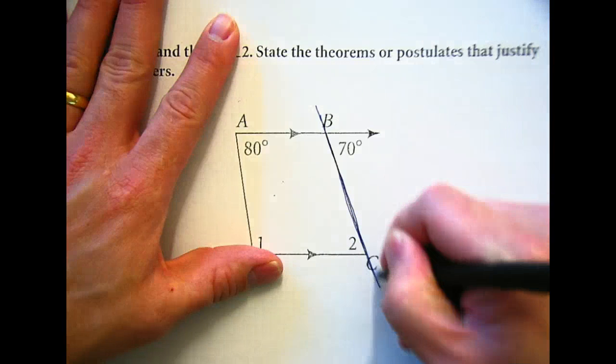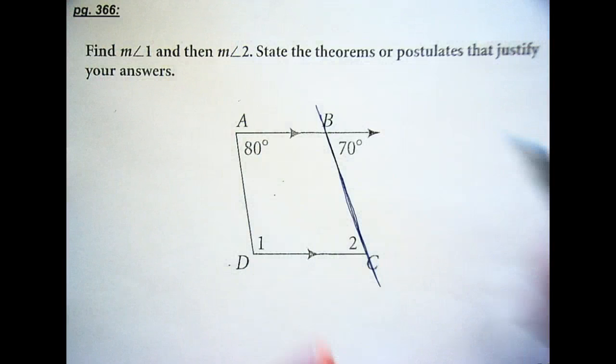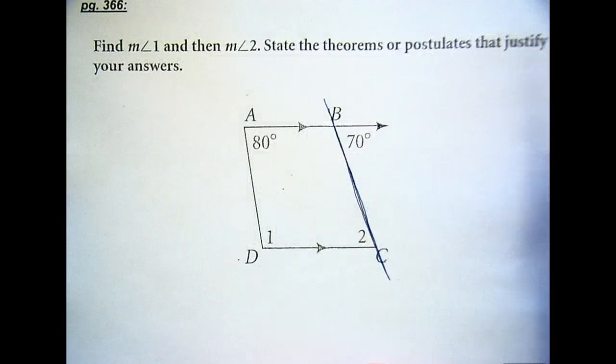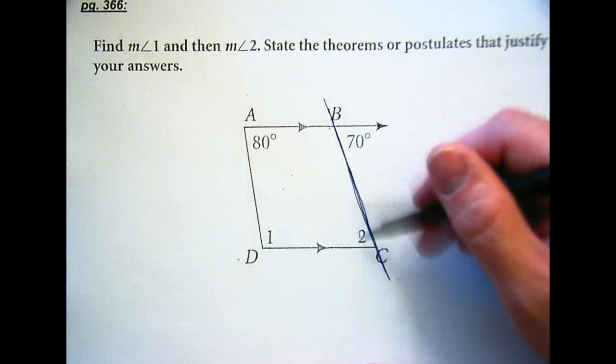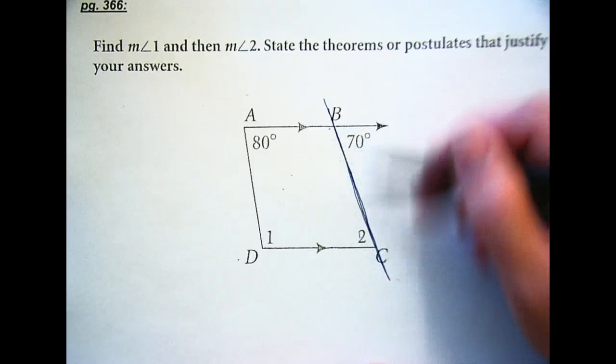Okay, so I'm going to extend this line. Grace is accurate there. There's a couple ways to look at it. This is a transversal going through parallel lines. So she's saying that this and this have to add up to 180, and this has to add up to 180. So these two have to be the same, right?